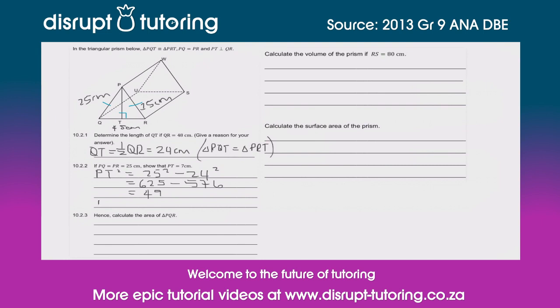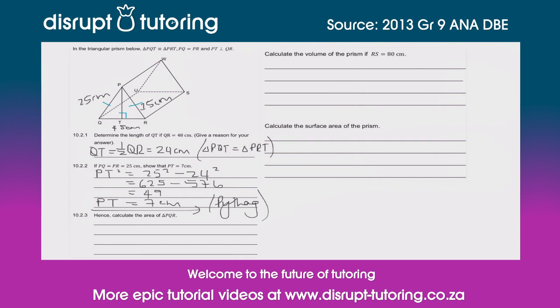And then we need to square root both sides, and the square root of 49 is going to give us 7 centimeters. So we've calculated that PT is equal to 7 centimeters, and we've done that using our Pythagoras theorem. Always make sure to write in the reason, just in case there are marks allocated for that.